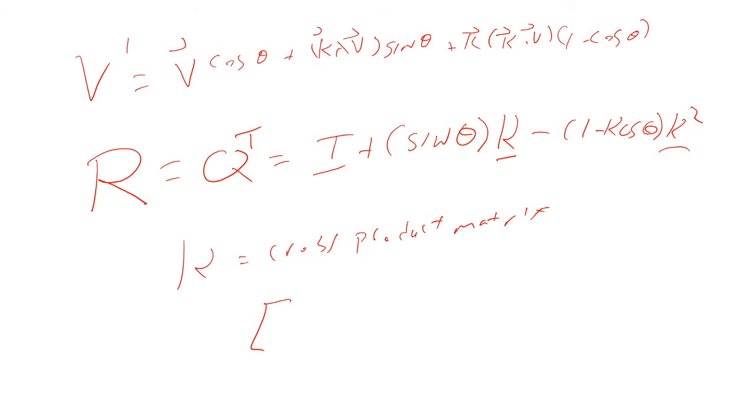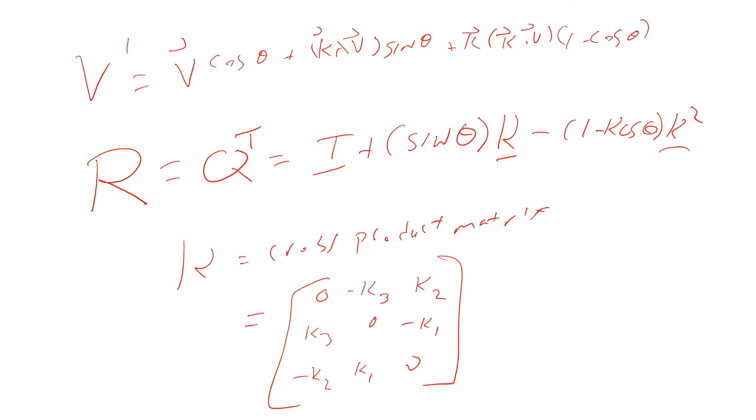It's an anti-symmetric matrix. And this matrix has the property that whatever you multiply it by, it's the same as little k cross v equals capital K times v.